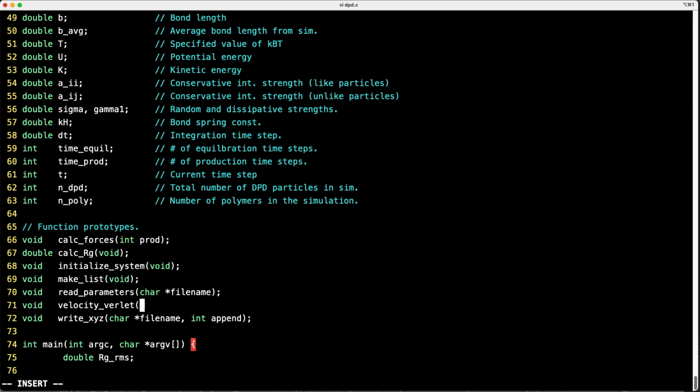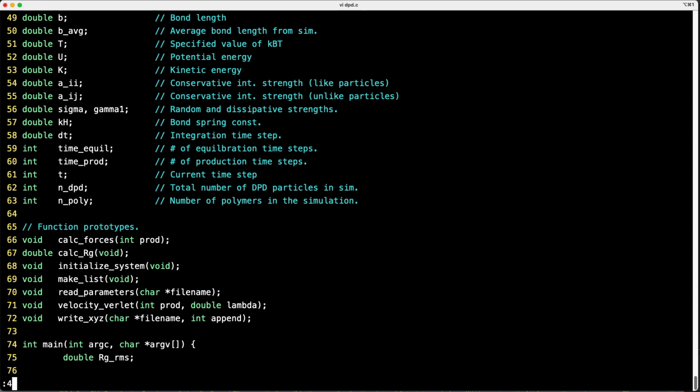And we're going to have to pass some parameters to it. You're going to see that we're going to have to pass prod to it so that we can pass that value to calculate forces. And I'm also going to put lambda in here just to make it a little bit more flexible, in terms of wanting to change that value lambda that shows up in the velocity-Verlet algorithm.